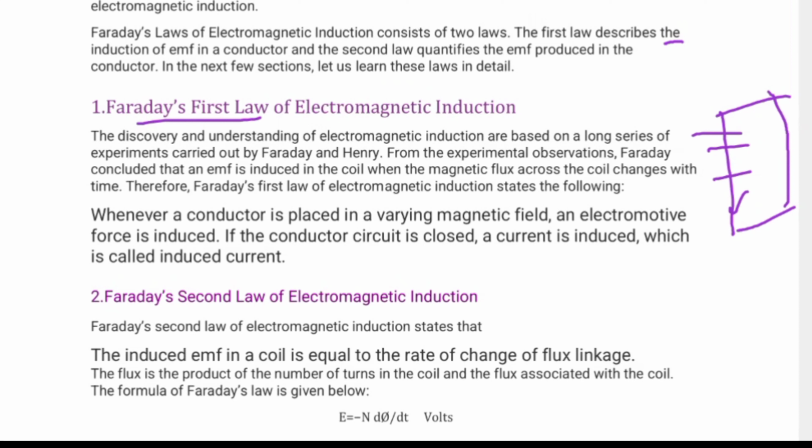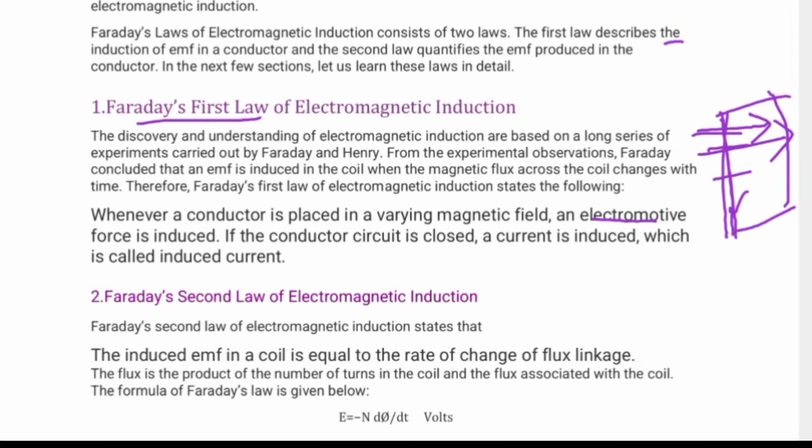The first law of electromagnetic induction is: whenever a conductor is placed in a time varying or varying magnetic field, an electromotive force is generated. That means whenever a conductor is placed in a magnetic field, with direction north to south, an EMF will be generated if the field varies or the conductor moves.